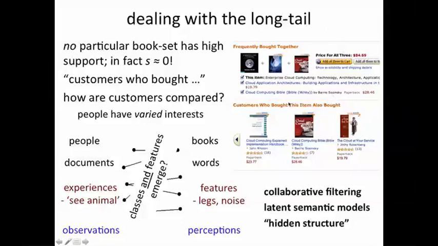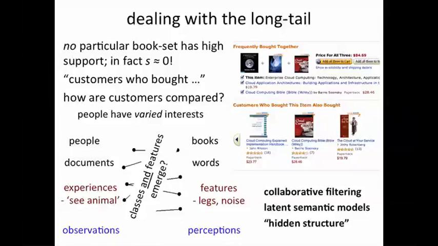So in this case, for example, books are being characterized not by the words that they contain, but by the people who bought them, and people in turn are being characterized by the books that they bought. So for people, books are the features. For books, people are the features. Similarly, for documents, words are the features. For words, documents are the features.